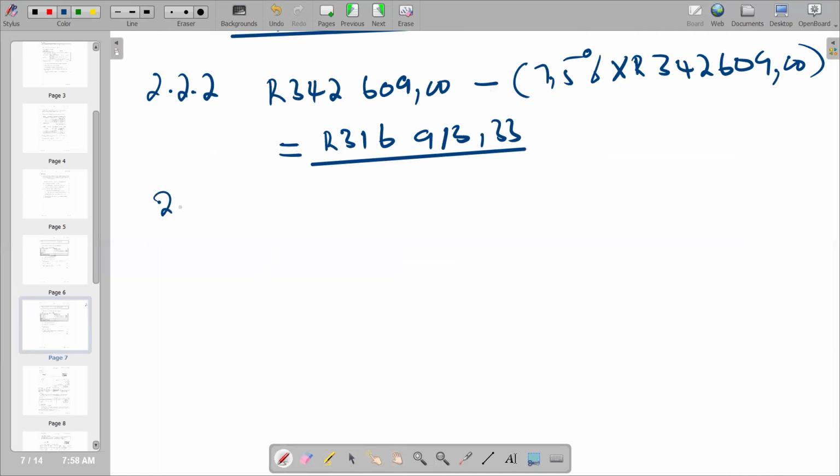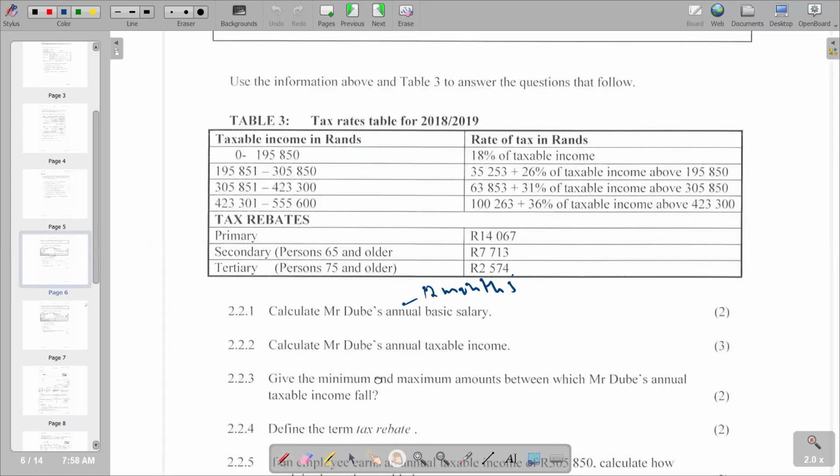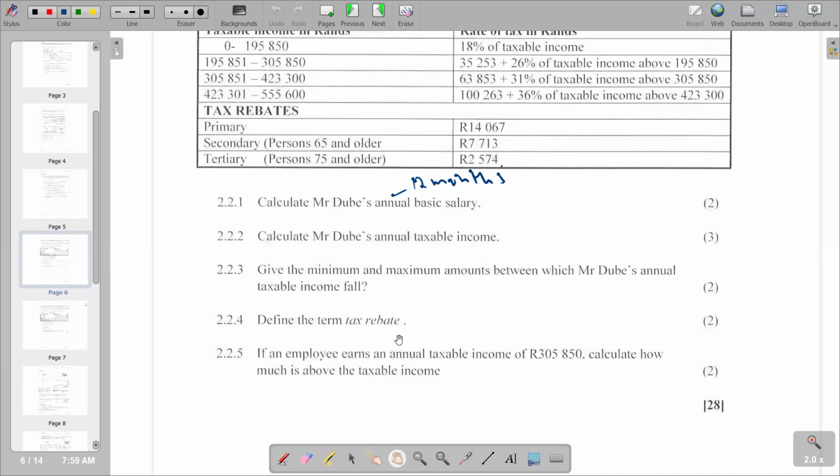We'll go to 2.3, whereby we're saying minimum. The maximum we have identified is 423,300. So this is what we have on that part. And then we move on to the next part, where it's saying define the term tax rebate.